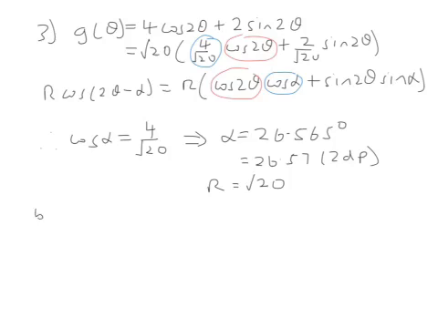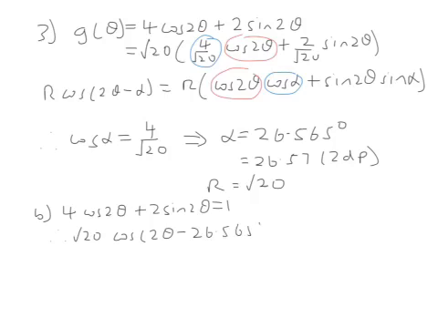Now, in part B, we need to solve the equation 4 cos 2 theta plus 2 sine 2 theta equals 1. So we know that root 20 cos of 2 theta minus 26.565 equals 1. So therefore cos of 2 theta minus 26.565 is 1 over root 20.